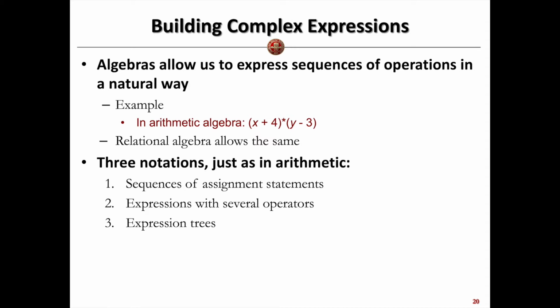We can also represent this same expression by using a sequence of assignment statements. Or we can write it in a similar way by using an expression with several operators. Or we can use a tree to represent the same expression. I think you have learned this in discrete mathematics, right?